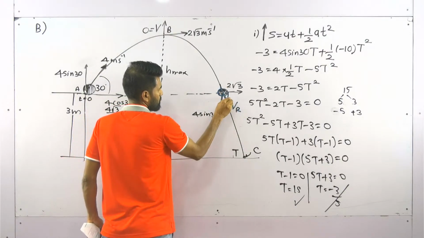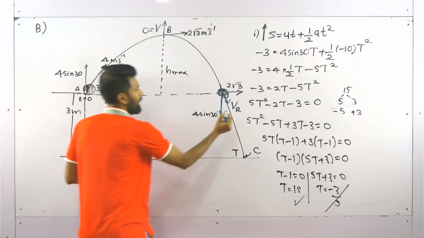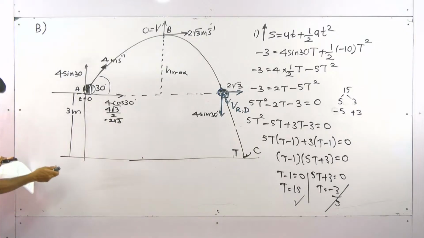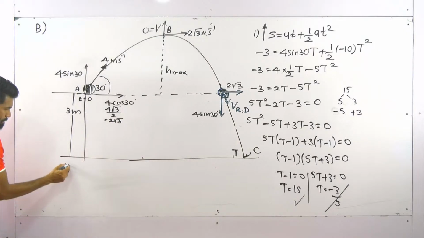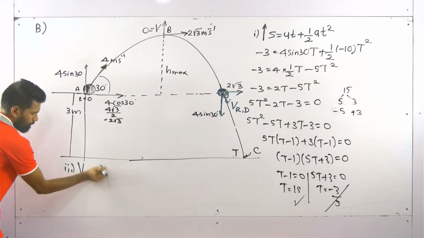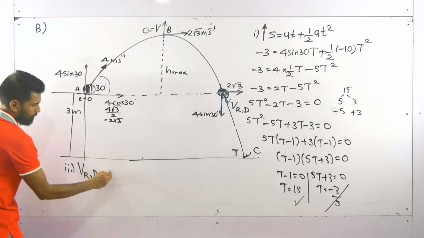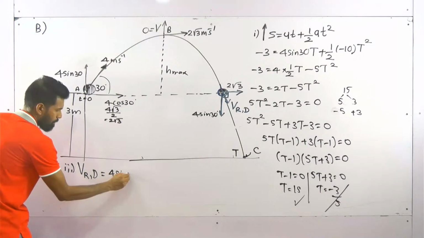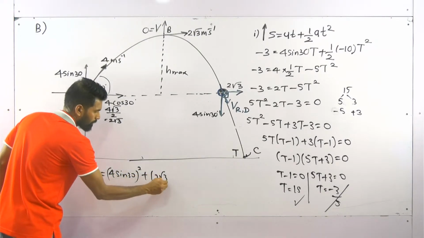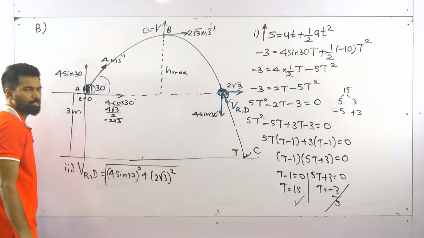You know, as these two components are perpendicular to each other, we are at D, what is the resultant velocity at D? Resultant velocity at D is 4 sine 30 square plus 2 root 3 square, and you have to take the complete square root.